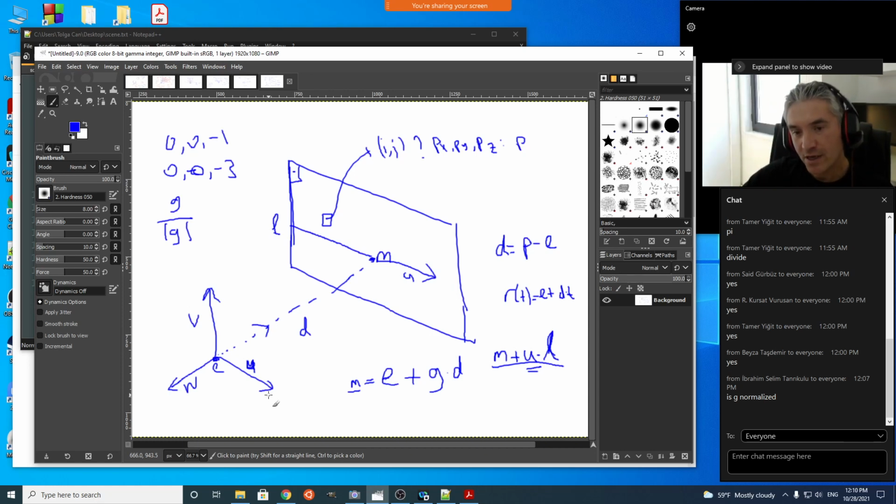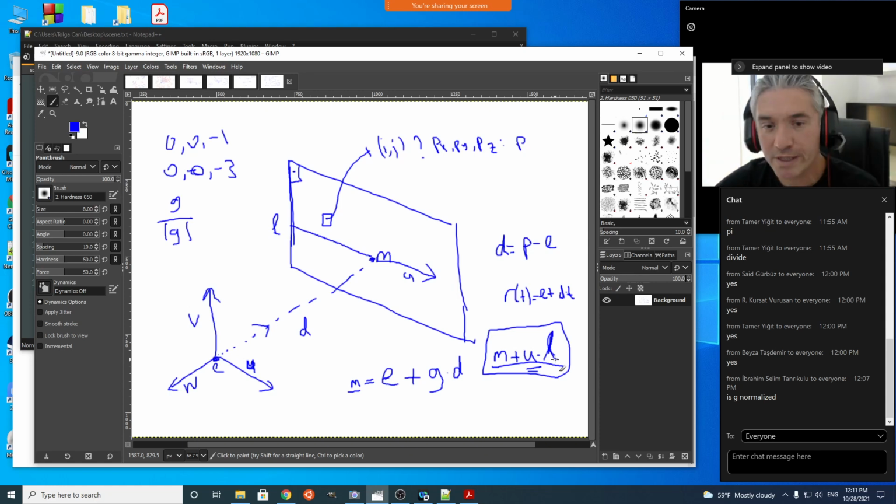Now look at this equation. It's again just like a parametric line equation, m plus uL. So what does m plus uL mean? L, don't forget, is the left boundary, which is given as a negative number. So it's not an absolute distance. L is not a distance.